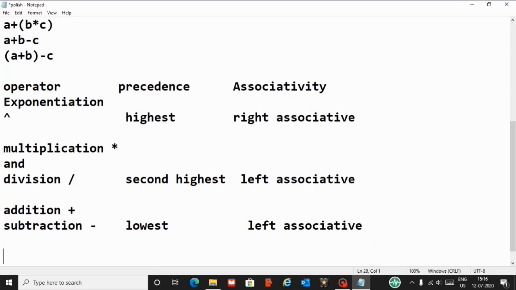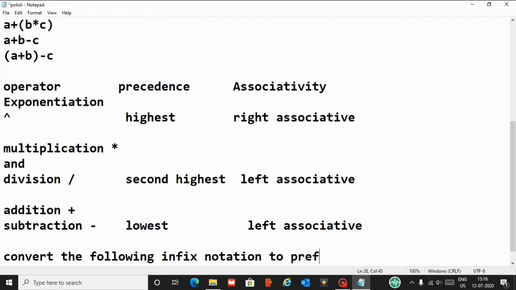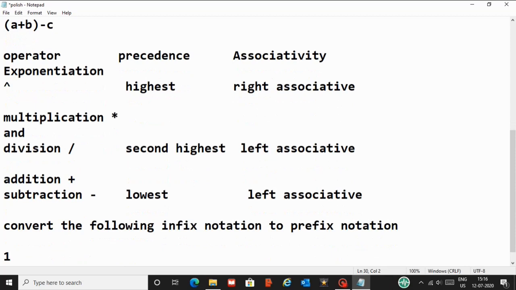Convert the following infix notation to the equivalent prefix notation. You can keep a pen and paper. It will be easy. You start doing it. You will understand it better.